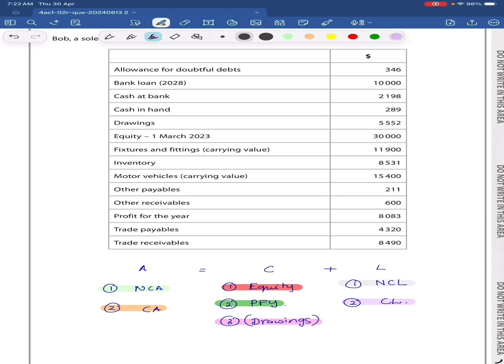You do not have any non-current liability in this question. You can ignore it. Now let's look for the current liabilities. As you see here, you can figure out other payables is a current liability, trade payable is a current liability.